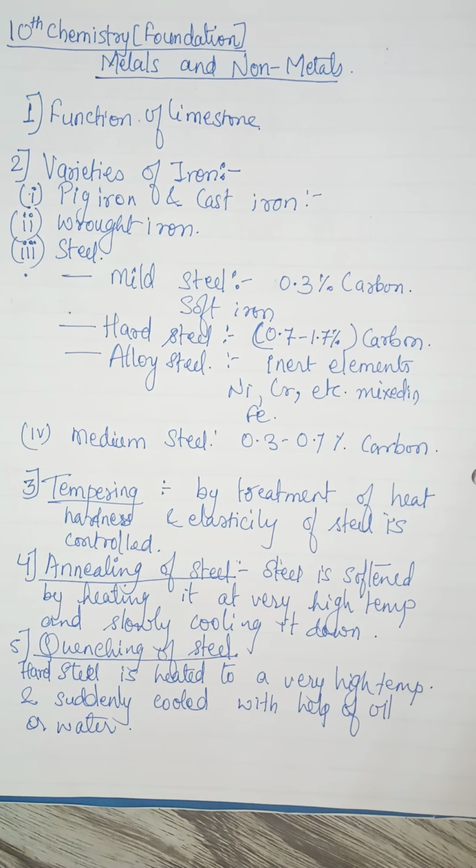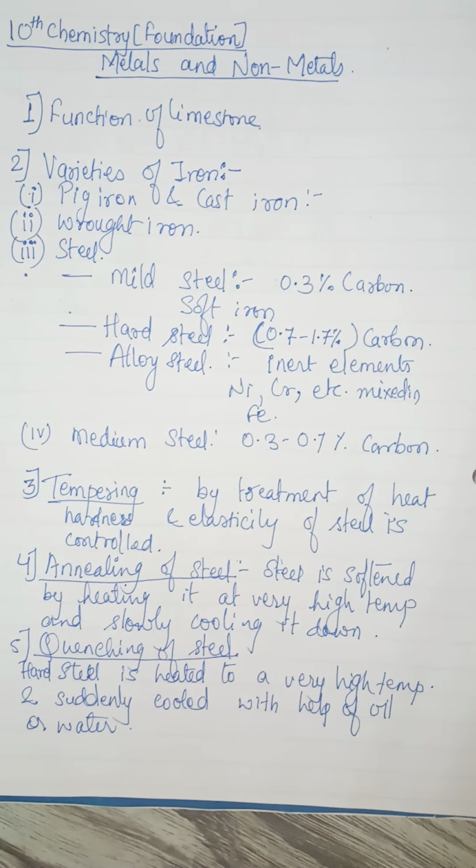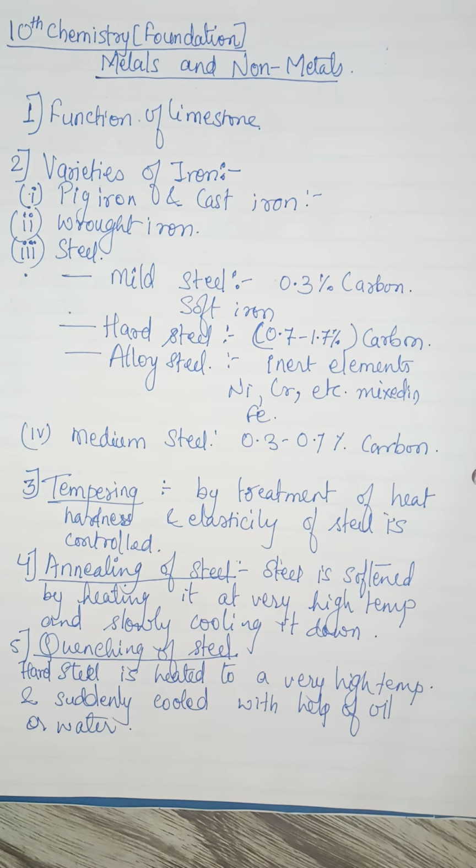Then with sulfuric acid it will react and form FeSO4. Then iron reacting with nitric acid forms iron nitrate, Fe(NO3)2, right? And whenever iron reacts with the halogens, it produces FeCl3. So chlorides will be formed, sulfides will be formed on action with sulfur.